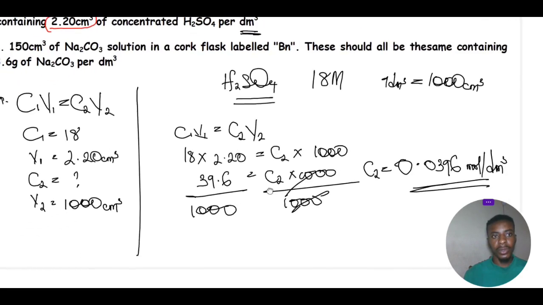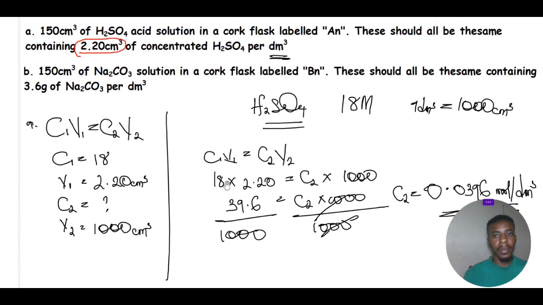Now let's go over to the next one, which is B. It says B should all contain 150 cm³ of sodium trioxocarbonate(IV), and this should all be the same, containing 3.6 grams of sodium carbonate per dm³. So we'll dissolve 3.6 grams of sodium carbonate and then dilute to 1000 cm³.